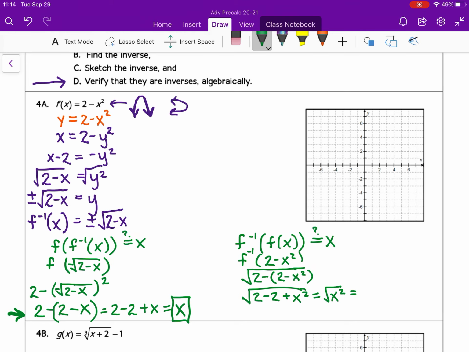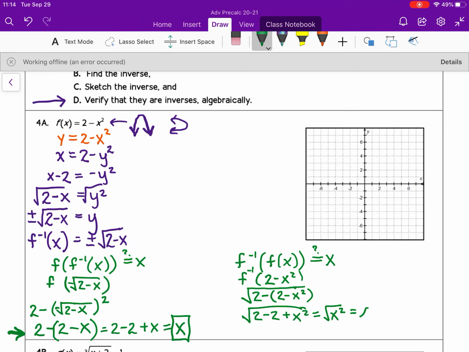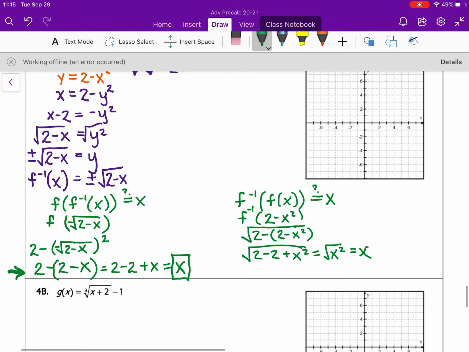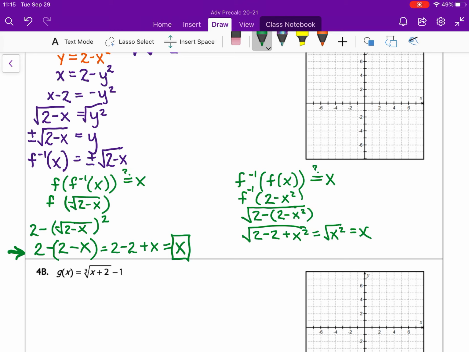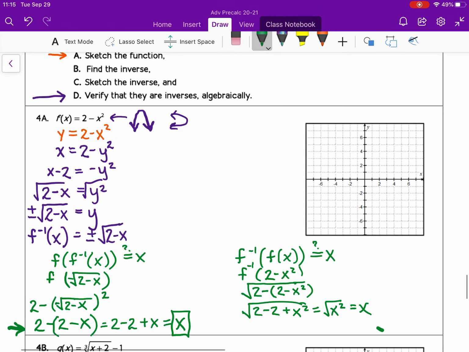Which 2 minus 2 is 0, so I'm just left with square root of x squared, which is positive or negative x, but in this case is x. And if I think about it in a negative sense, that negative times a negative would cancel to still leave me with positive. So this is what it means when it says verifying. So my verifying is all in green. So I did that in green as to, yes, they are inverses because the composition of each other equals x.